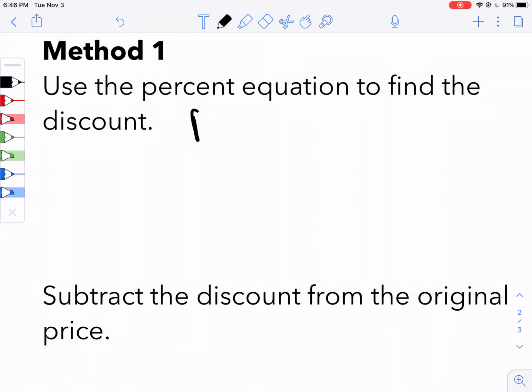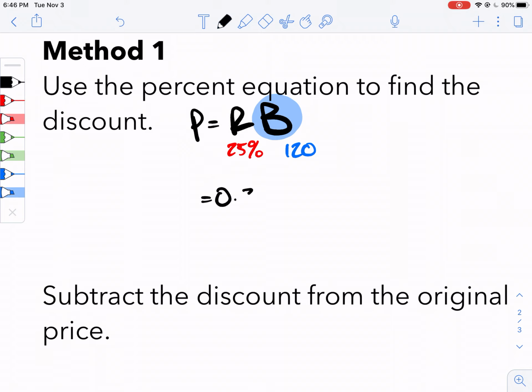Remember, P equals RB. We want to find out what is 25% of our original price, which was 120 bucks. That's the same thing as 0.25 times 120, which comes out to 30.